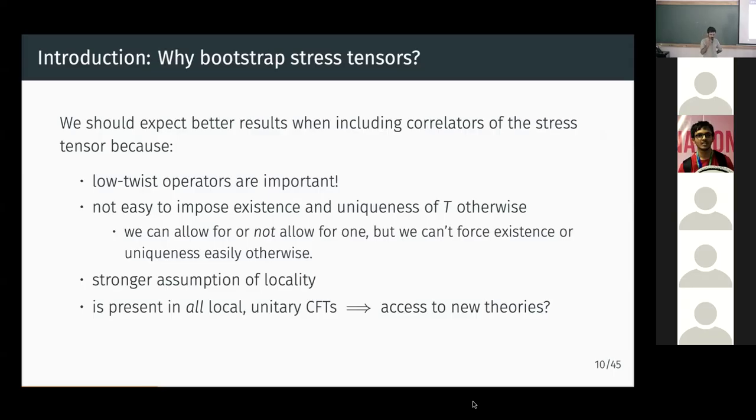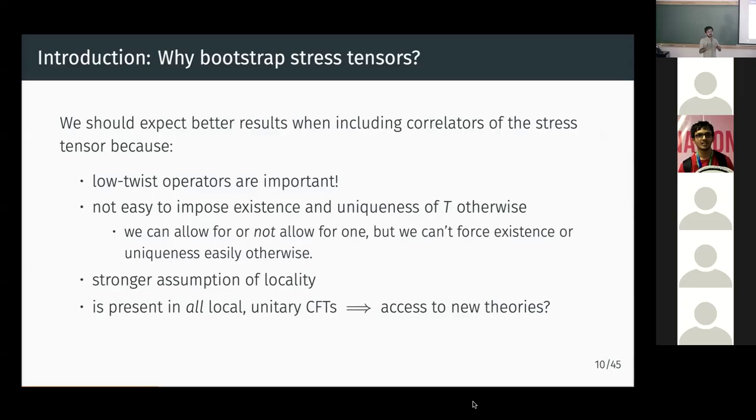In order to exclude this possibility, you have to put a very large gap in the spin-2 sector. So you need to assume that there are no operators near the stress tensor to force the existence of a stress tensor. But even that can be a little bit flaky because, for example, if you have currents, you can easily construct something that ends up looking roughly similar.